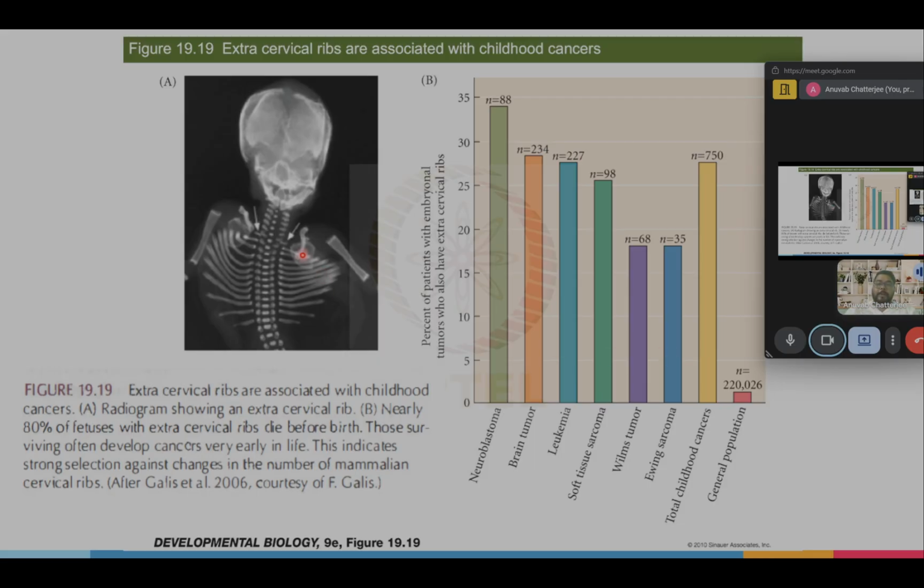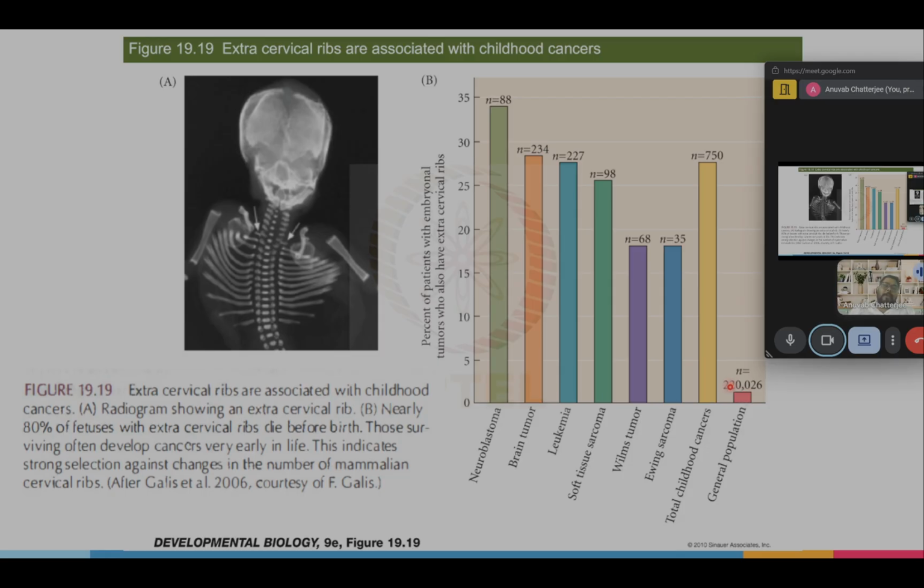In case of one of the Hox genes, one of the genes required for vertebrate development, is also associated with stem cell proliferation. So people observed that when they were looking at early embryonic cancers or early childhood cancers, many of the patients also had an extra pair or some more cervical ribs, and these occurred majorly in cancer patients but did not occur in the control or the general group.